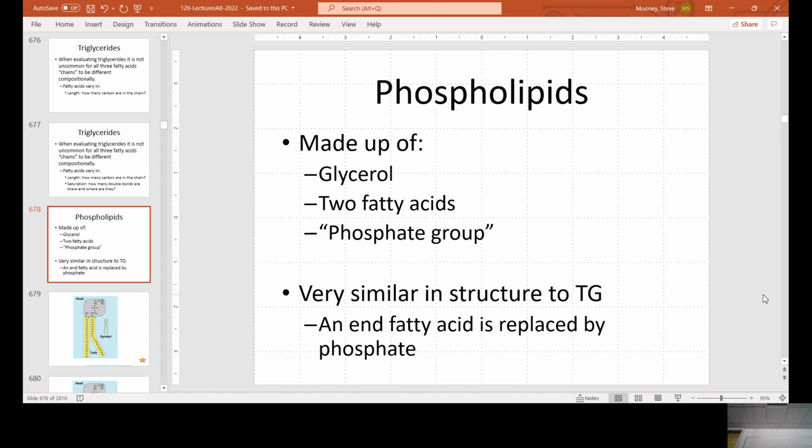Next up is phospholipids. We've got the same sort of structure as triglycerides. We still have that common glycerol. We have two fatty acids, but one of the fatty acids is going to be replaced by a phosphate group.